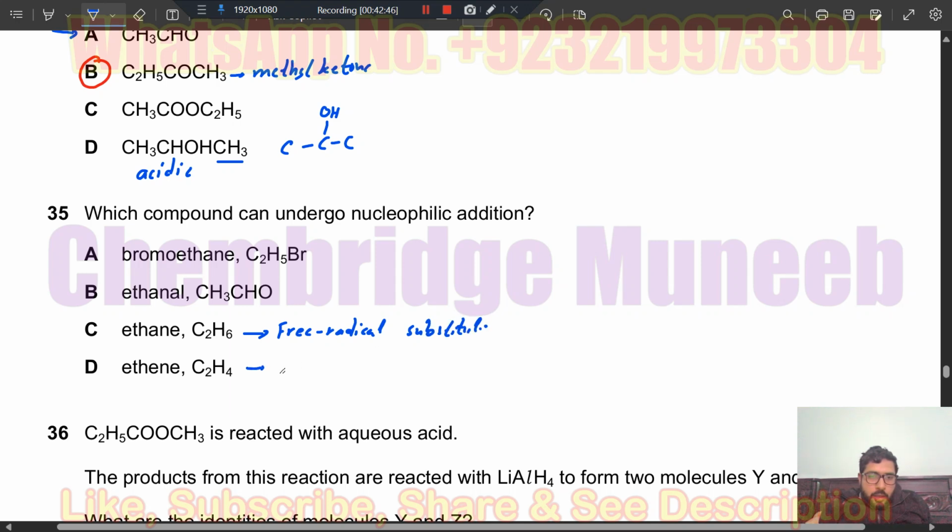It can give the electrophilic addition reaction. Ethanol and bromine, this can give nucleophilic substitution reaction, whereas this compound can give nucleophilic addition, and it is mentioned in my notes as well.